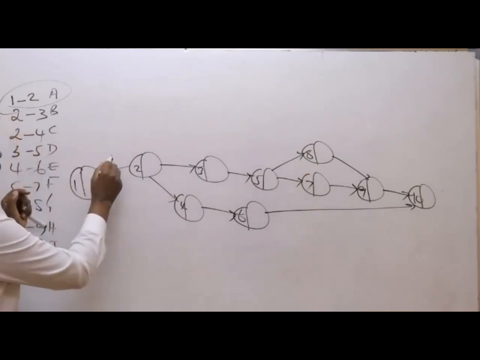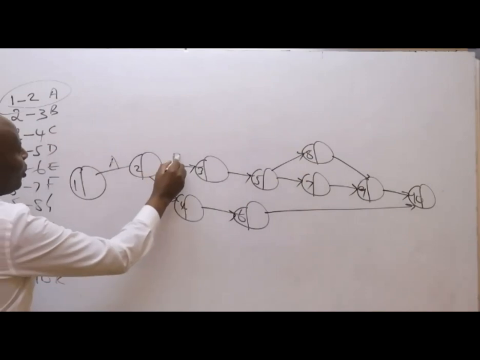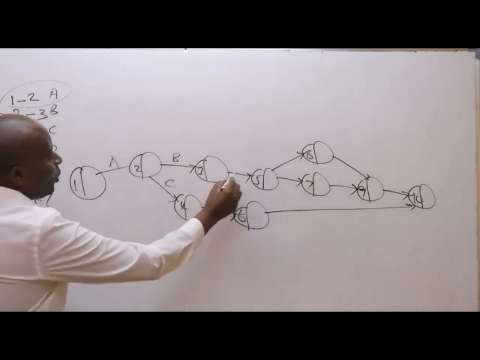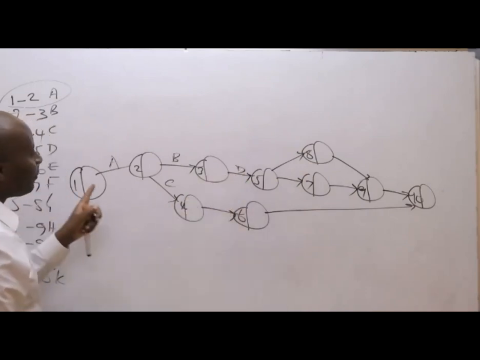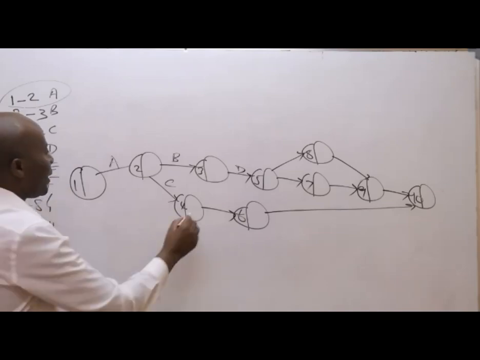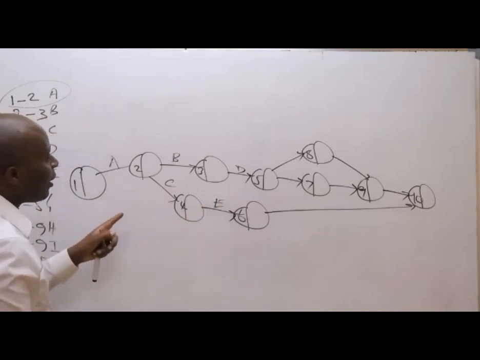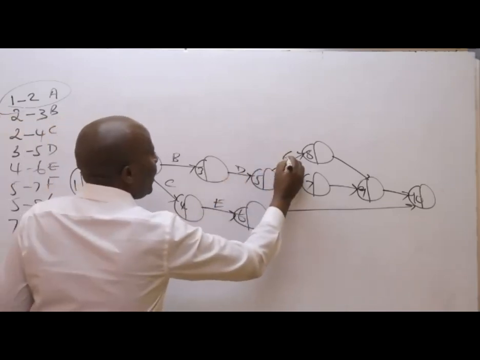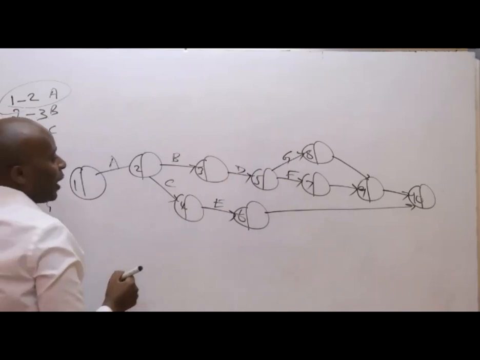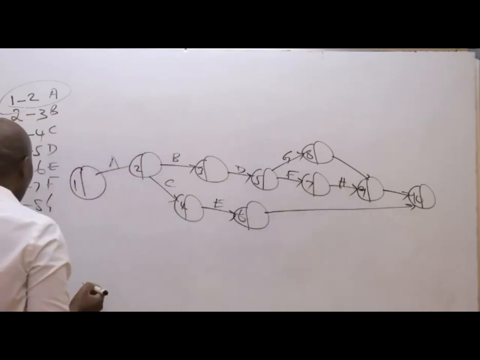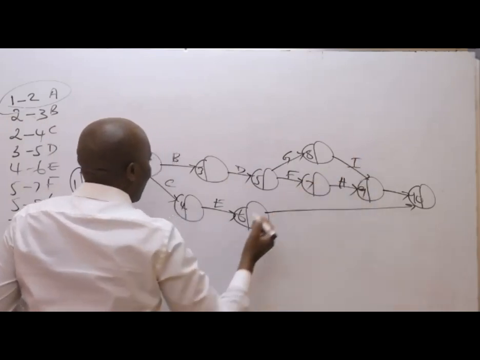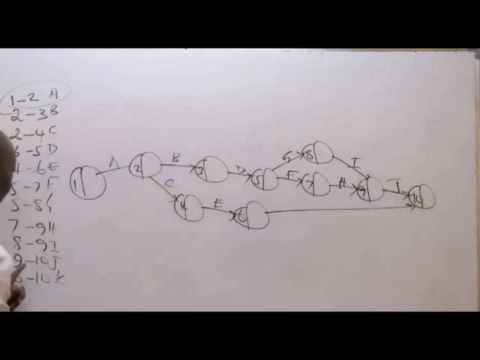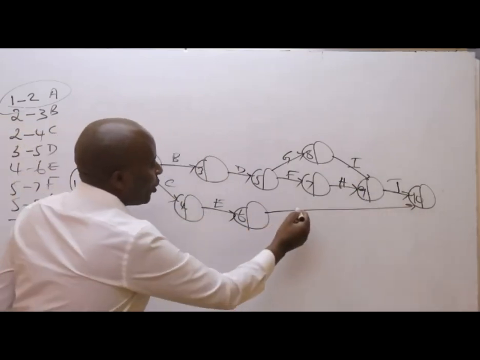So 1, 2 is A, 2, 3 is B, 2, 4 is C, 3, 5 is D. After that, we have 4, 6 is E. 5, 7 is F. 5, 8 is G. Then we have 7, 9 is H. 8, 9 is I. From there, we have 9, 10 is J. And then 6, 10, lastly, is our K.